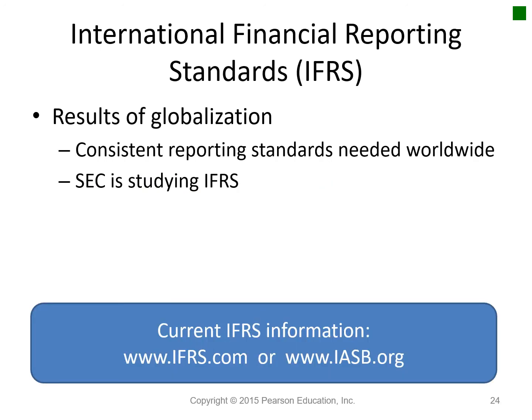Now, the thing about the IFRS, I'm just going to mention briefly, is globalization. Think of all the companies that do business overseas. And so lots of times you have to be consistent with the reporting standards worldwide, and that's what the IFRS is. There was a project going on with the FASB. Remember, FASB is the group that writes GAAP, and they were trying to converge and compare all the GAAP standards.